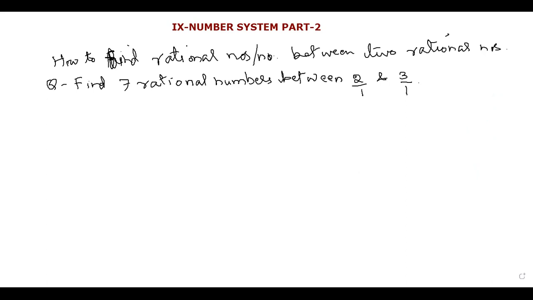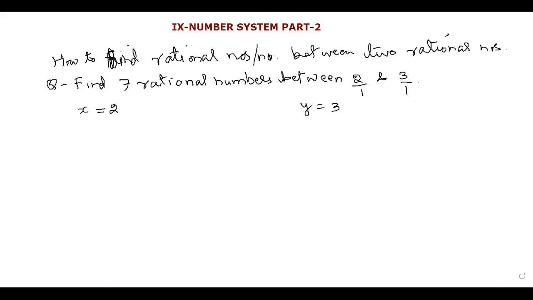Here between 2 and 3, we have to find 7 rational numbers. So we will take x is equal to 2. There is a formula. We will do it this way. X is equal to 2, y is equal to 3. Here the smaller number will come, here the bigger number. Generally in the question we give the smaller and then the bigger number.